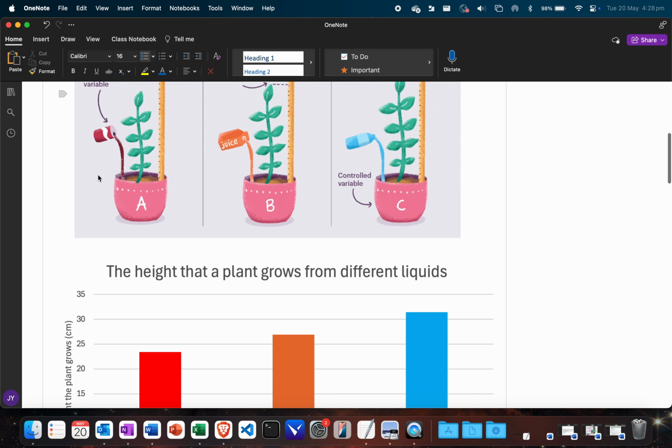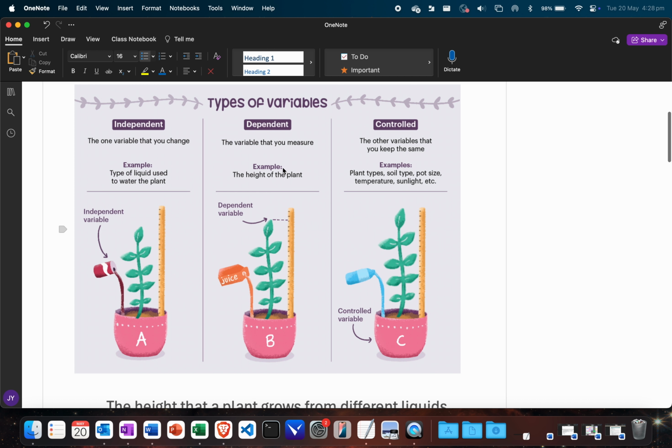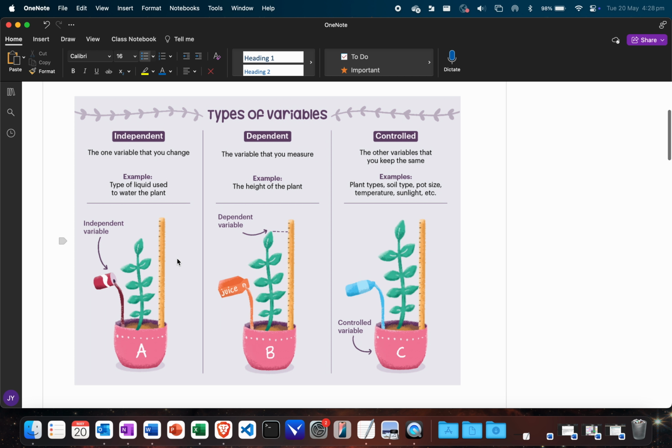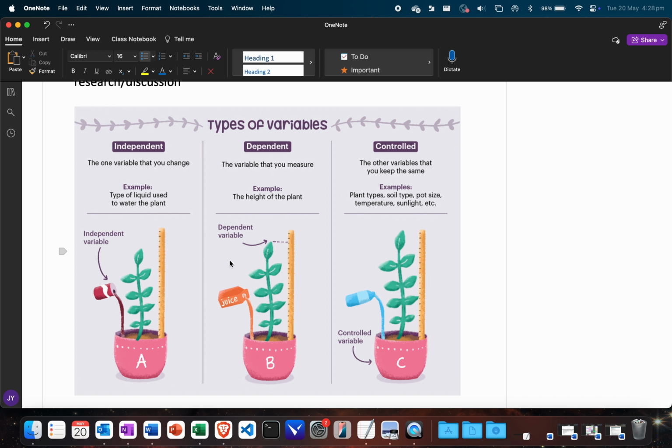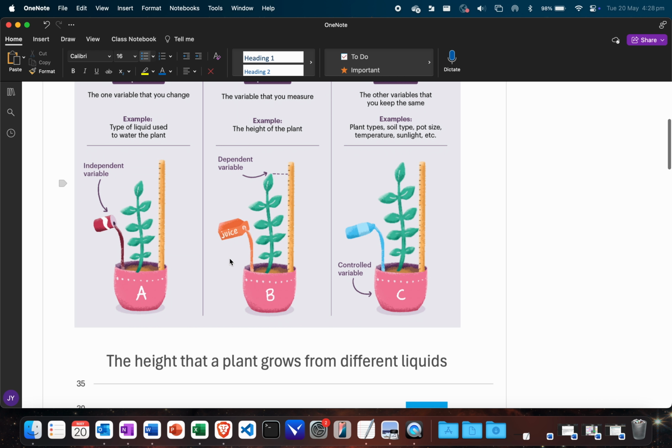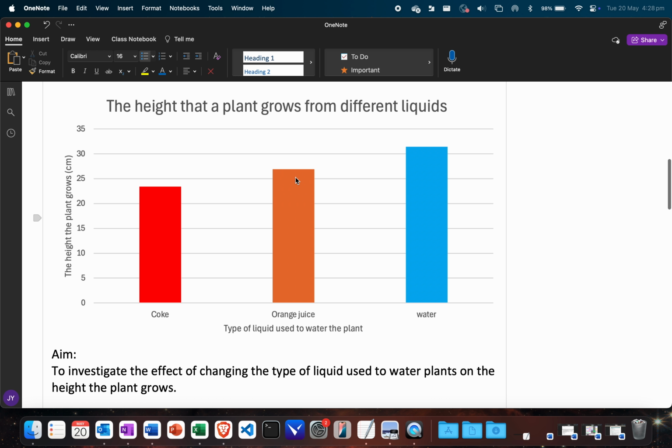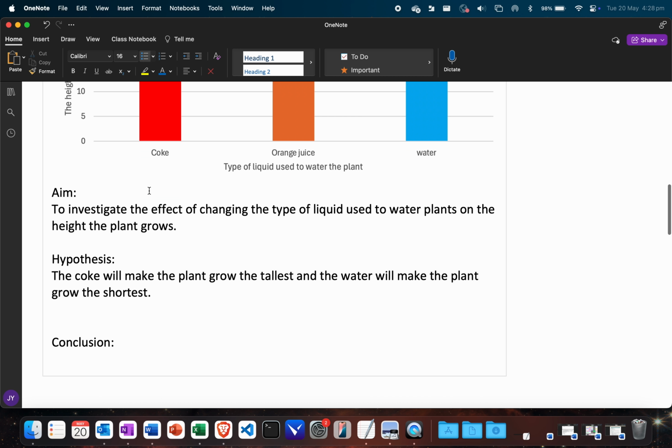So let's take this idea and apply it to this experiment, okay? We've changed the type of liquid used to water the plants, and we're measuring the height. And then we got data and made this graph. And we can clearly see from this graph that water was the best to make the plants grow, whereas Coke was the worst. So, what was the aim?